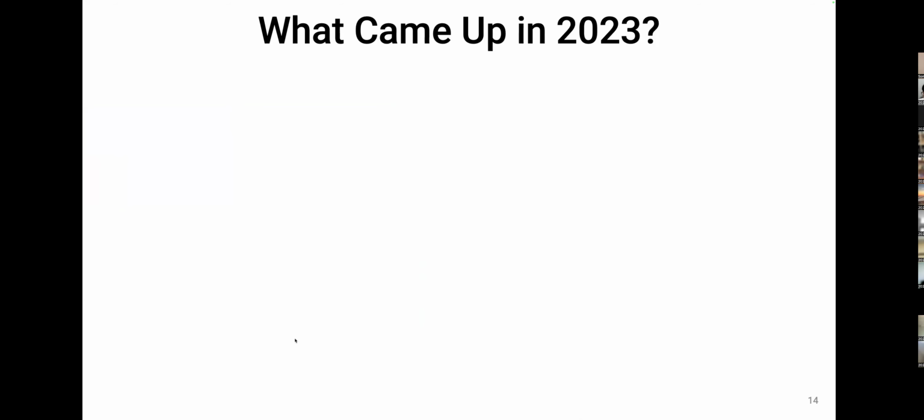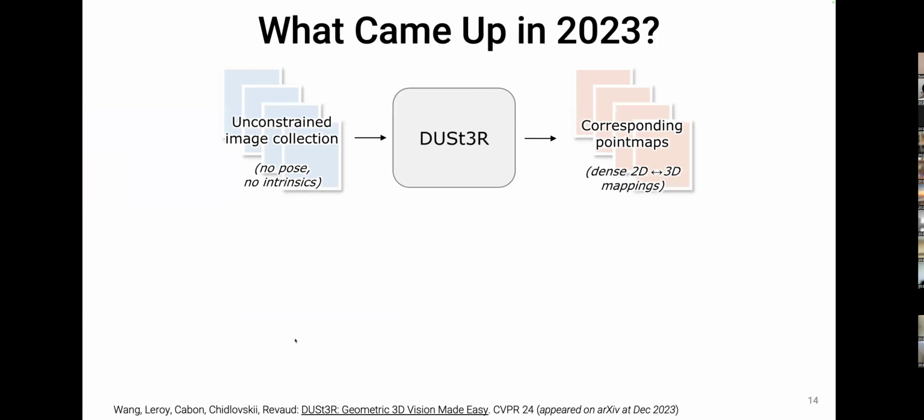There's another thing, basically called DUSt3R. What DUSt3R is doing is that you give it unconstrained image collections, you pass them through this feed-forward network, and the output from this network is the corresponding point map for each image. So it's basically a 2D-3D mapping, right?